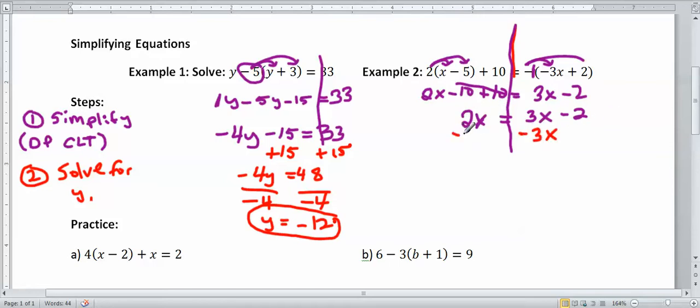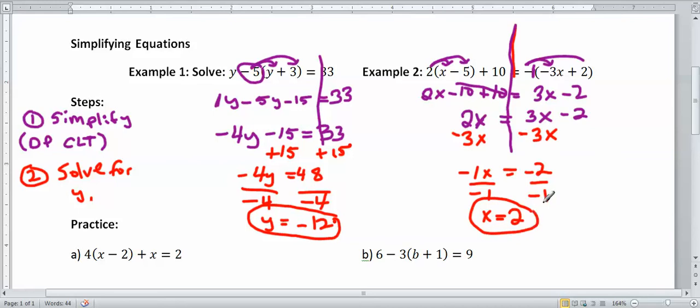So subtract 3x. 2x minus 3x is negative 1x, equal to negative 2. To get the negative off the x, since it's being multiplied, negative 1 times x, I'm going to divide by negative 1 on both sides. So x is equal to negative 2 divided by negative 1, which is positive 2.